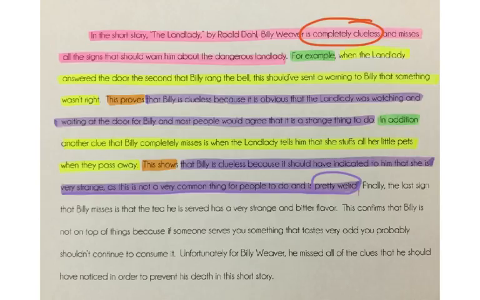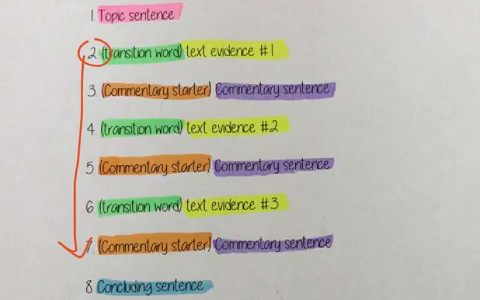As we talked about before, the nice thing about sentences 2 through 7 is that we just have a pattern. So I've already gone through and I've highlighted sentence 2, 3, 4, and 5. So now you should see what's coming next. I should have a transition word followed by my final piece of text evidence.